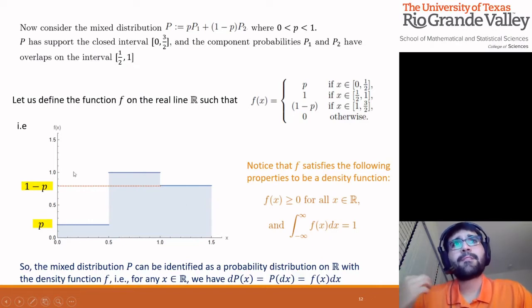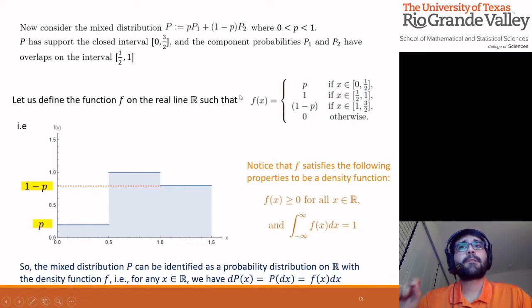This is a picture of this probability density function, where I'm representing what happens if little p is 0.2. If p is 0.2, this is what f of x will be: it's going to be 1 in this interval always, and then 1 minus p will be 0.8, as you can observe here.